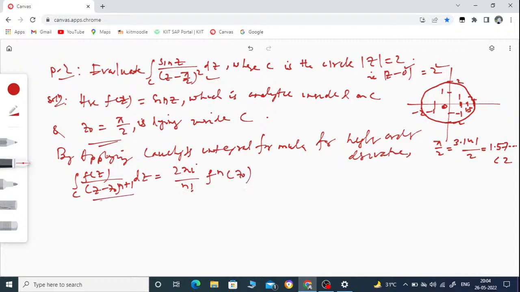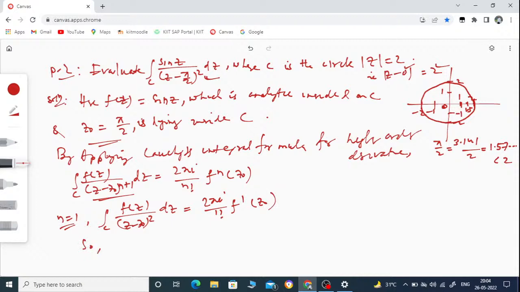Here we have z minus z naught to the power 2, so if I write n equal to 1, the integral of f of z over z minus z naught to the power 2 dz is equal to 2 pi I by 1 factorial times f dash z naught. So this is the formula.